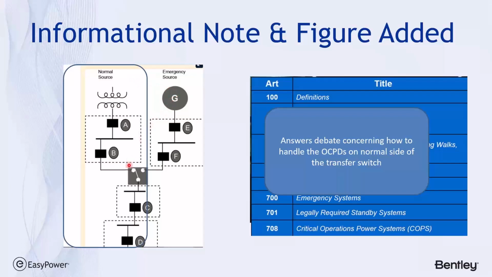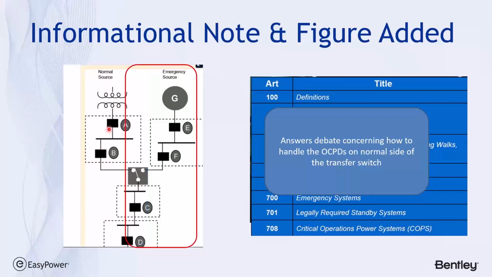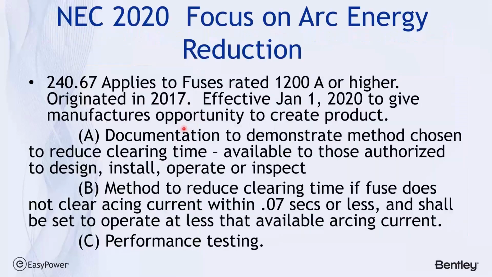What they effectively say is that for the critical loads, when it's on the normal source, then D has to be coordinated with C, protective device has to be coordinated with B and A, and these can be the same value, they don't have to be different. Whereas with the emergency source, I have to have coordination all the way up to my source. And so it was NEC 2020.